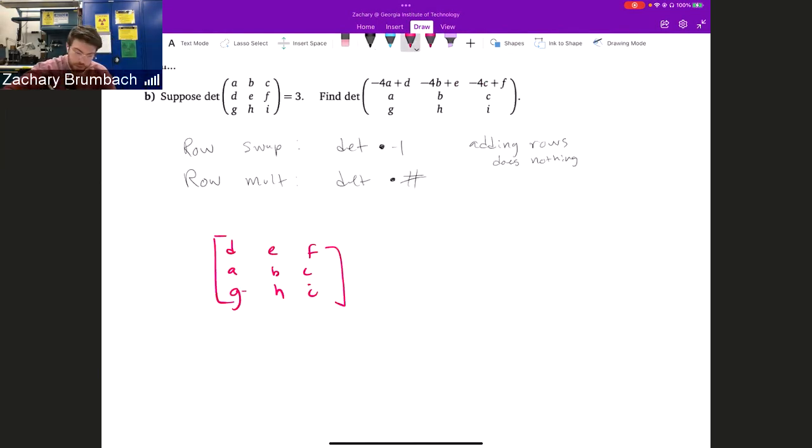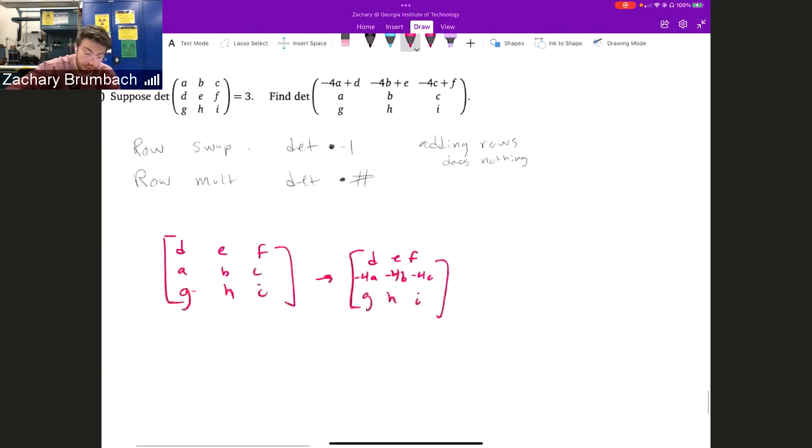Just to go through why that doesn't matter: we go from here to (D, E, F), (-4A, -4B, -4C), (G, H, I), okay? Now we combine those two rows, and adding rows does nothing. So this one is -1 times the determinant. This one is times -4, and then we add, we get -4A plus D.